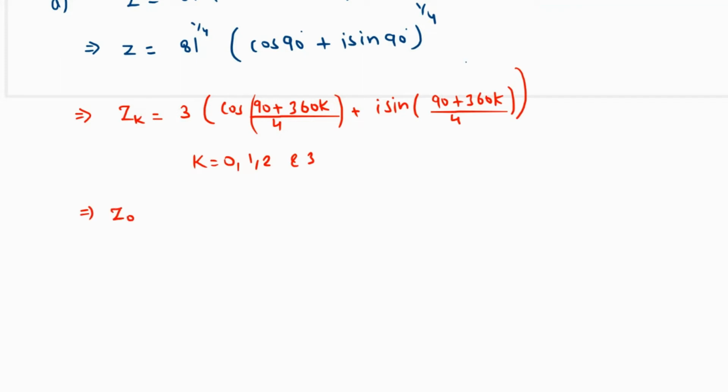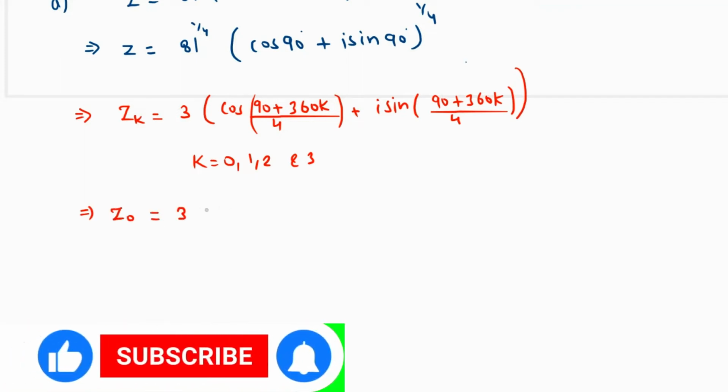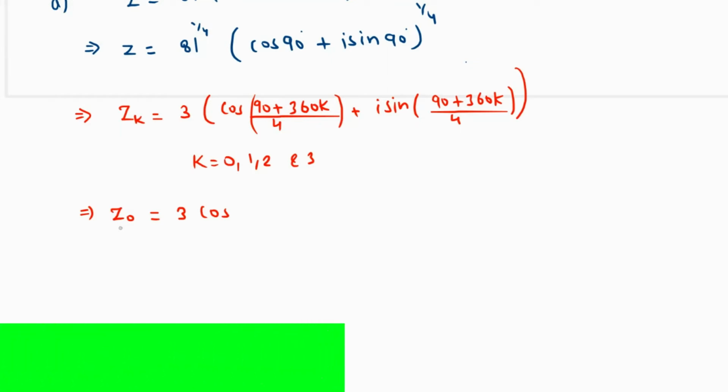There are 4 roots, so z0 is going to be 3 times cos of 90 over 4, which is 22.5, so cos of 22.5 plus i sine 22.5.